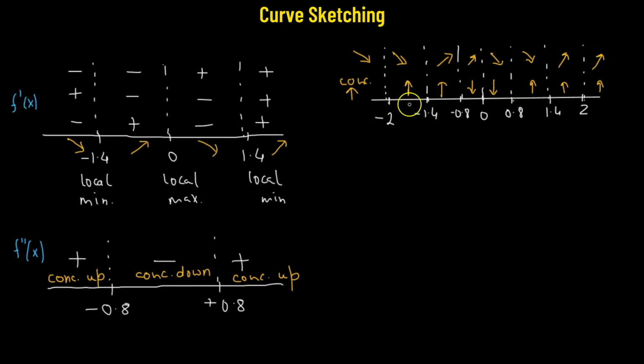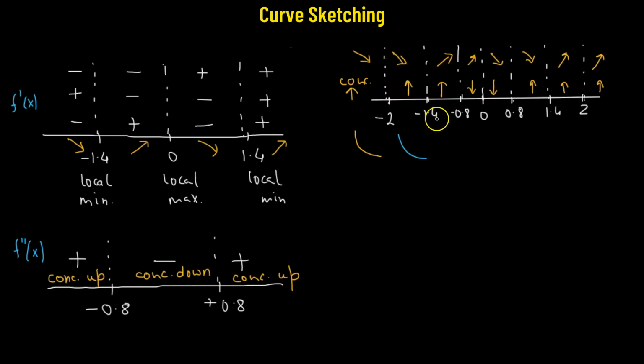Now, what it means is that we have a function that is concave upward for values less than negative 2, and it is decreasing. For values lying between negative 2 and negative 1.4, we still have concave up, and it's again decreasing.